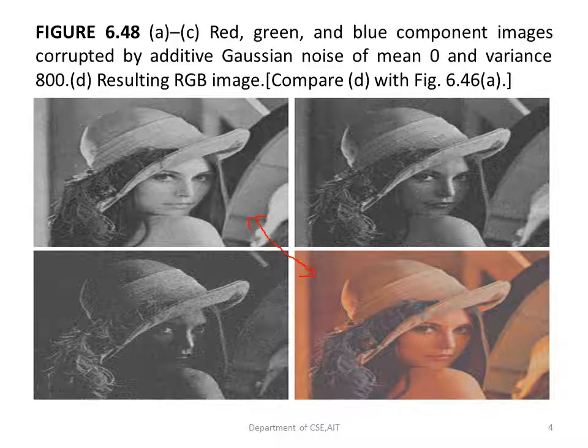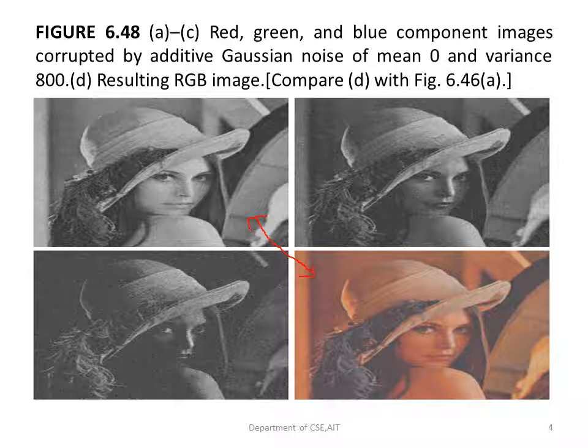In this example picture, we shall see how the noise is represented in a color image and how the noise is carried over when we convert from one color model to another color model. Here figure A is the red plane. This red plane image is corrupted by Gaussian noise with mean value 0 and variance 800.